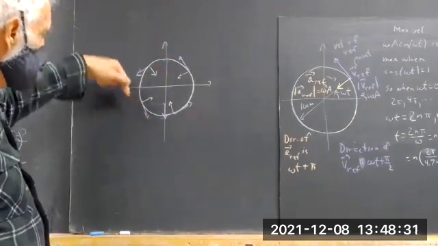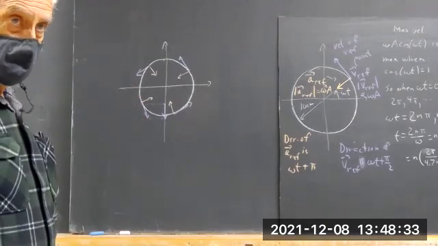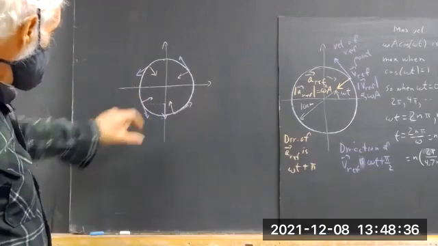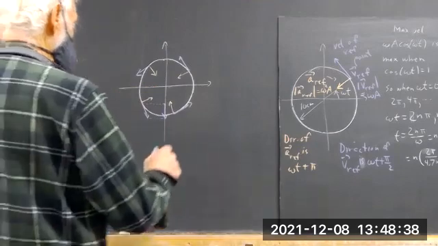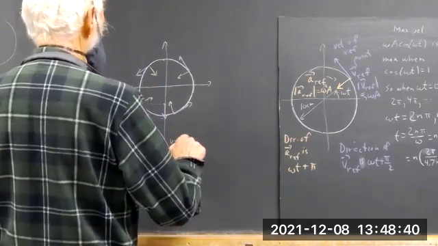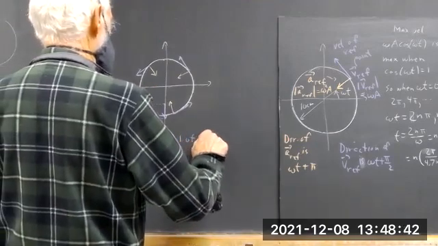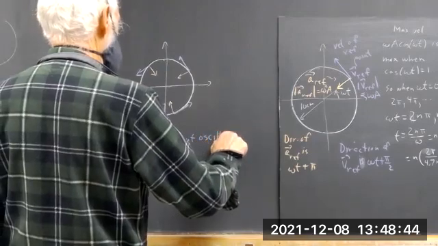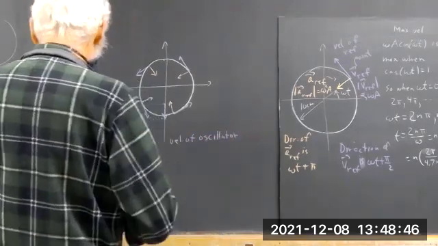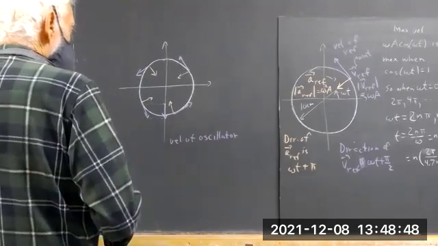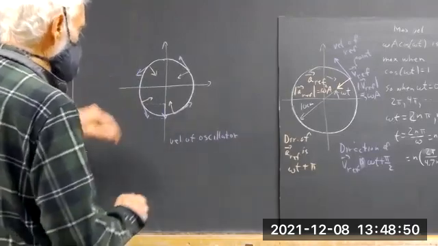This is the velocity of your reference point. So this is the velocity of the oscillator.